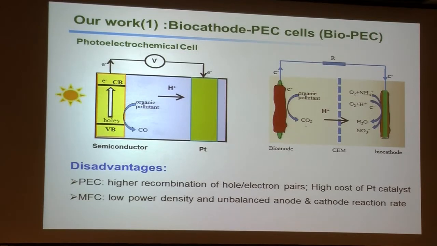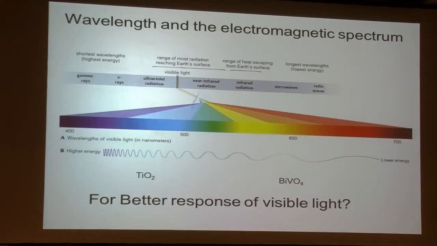For MFC, the low power density and slow anode reaction rate are also very difficult problems to be solved. So my hypothesis is: if we combine these two systems, can we overcome some disadvantages of both? That's the purpose of what we want to do.